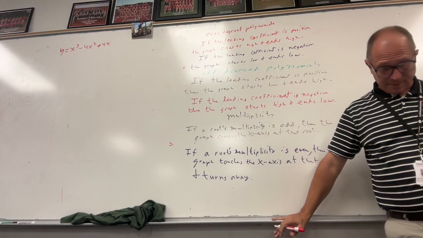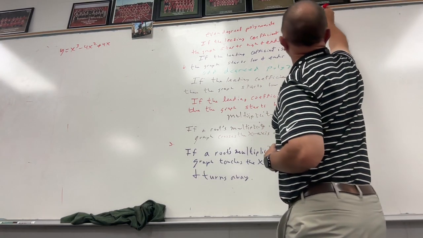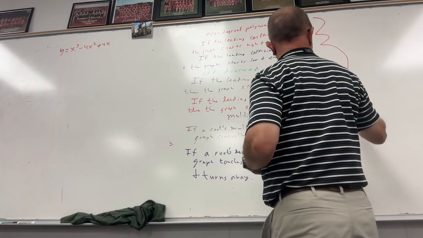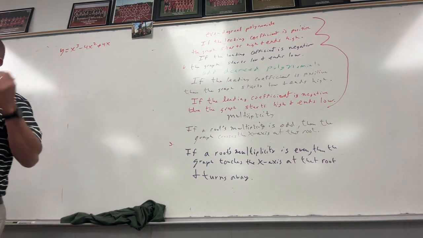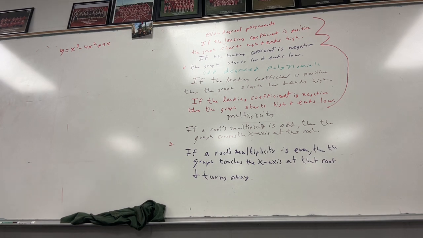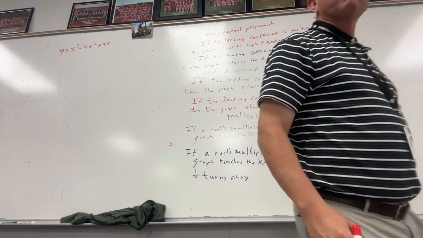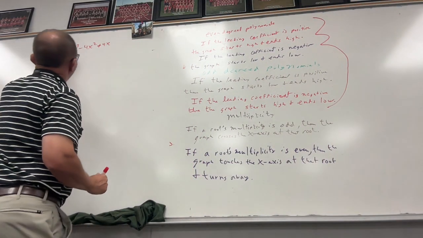All right. Now, let's talk about the basics for the first part of it. The first part of it, I'm going to be referring to everything through multiplicity. This is an odd or even degree polynomial? Odd. It's an odd degree polynomial. Okay. Leading coefficient is positive or negative? Positive, right? It's positive 1. So what's the first thing I know about this graph?